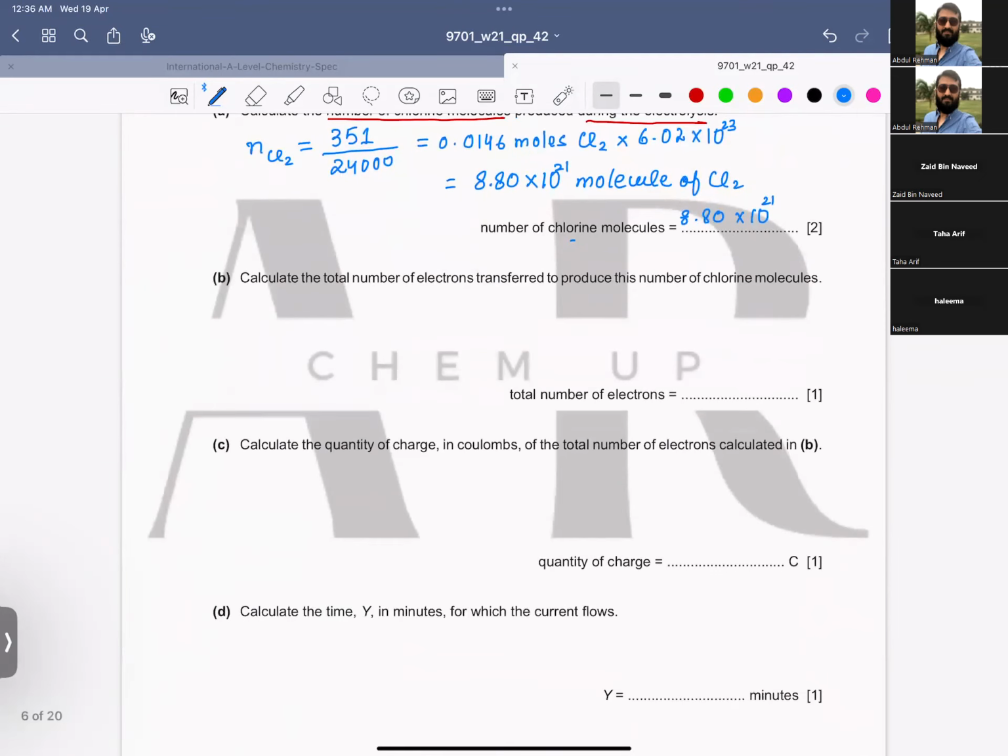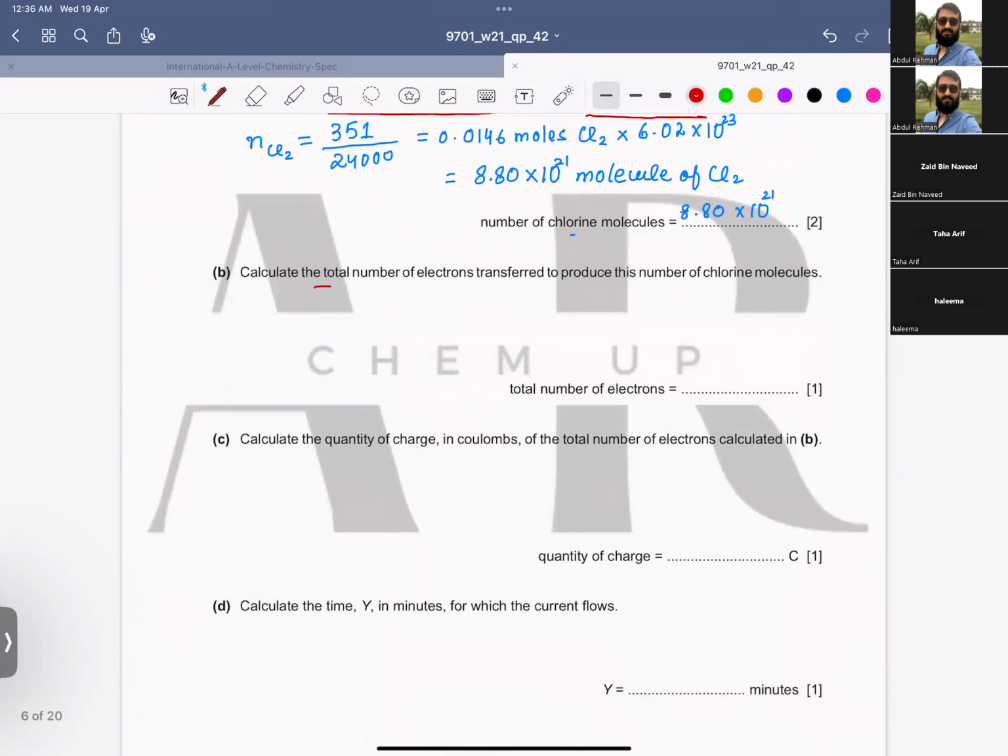Now the next part. Calculate the total number of electrons transferred to produce this number of chlorine molecules.